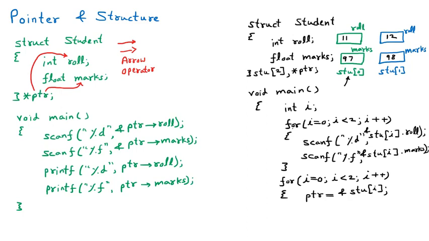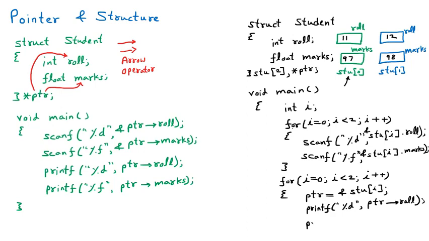stu0 right now. And you know that if I have to take the input with the help of the pointer, or I have to take the output, then the arrow sign is used. So how will I print? We will use printf %d for the integer value, then comma, this time this pointer which is pointing to the address of stu0 will take out the roll number.